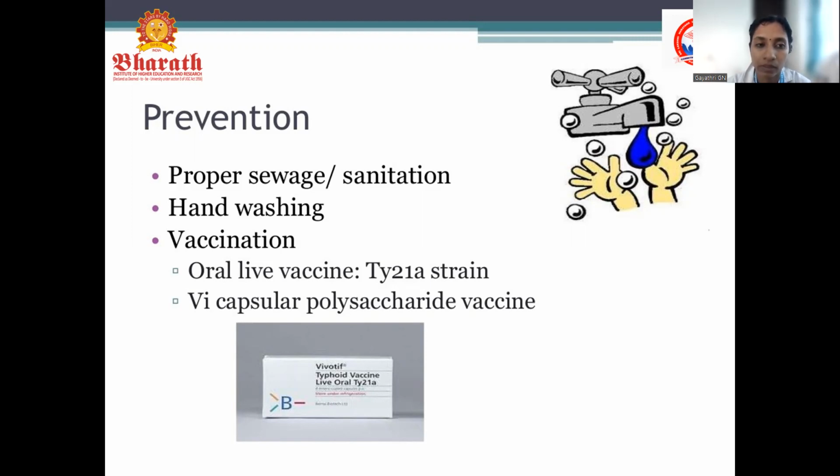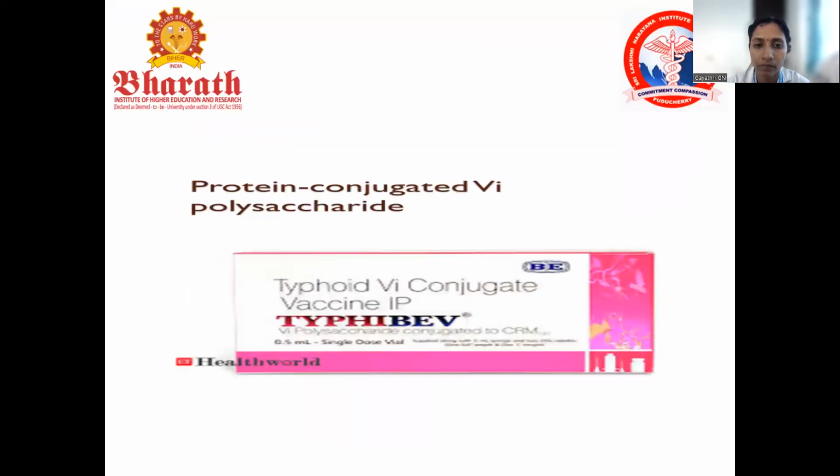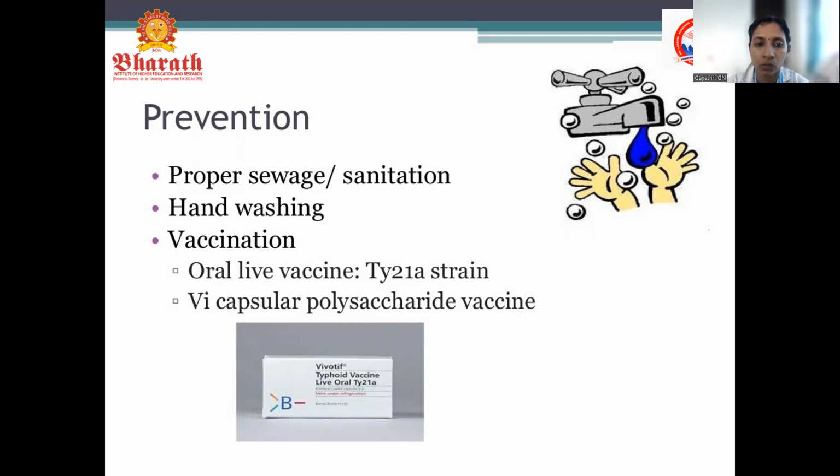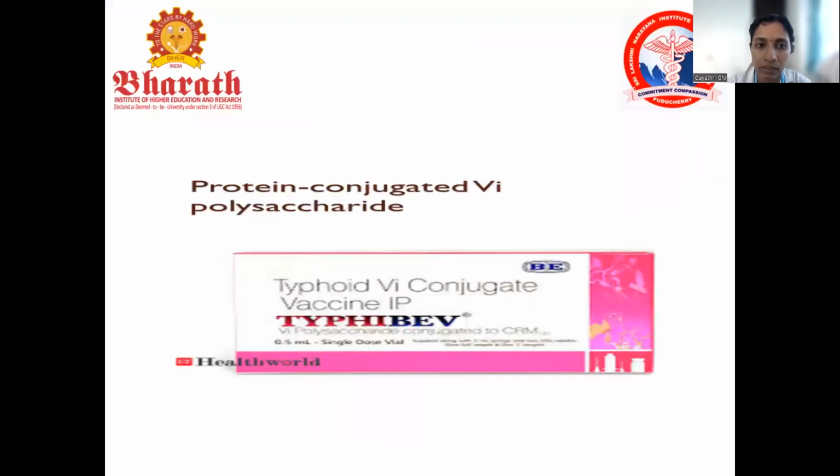So less than 2 years, you can give the typhoid conjugate vaccine. It is given as 2 doses. The first dose is between around 6 to 9 months of age, maximum up to 1 year, and the next dose again at 2 years. This is the conjugate vaccine. Okay, this is a single dose 0.5 ml intramuscular. So only the Ty21a is oral. The others are all intramuscular injections.